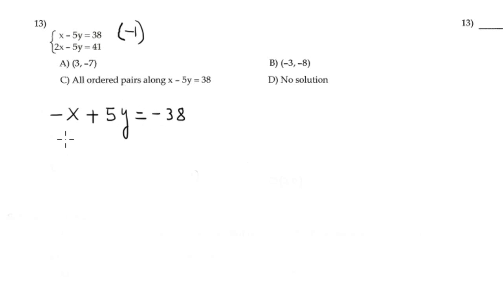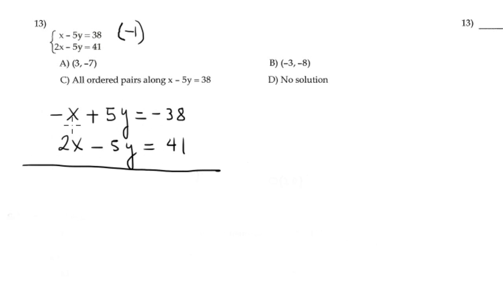I copy the second exactly the same, 2x minus 5y equals 41. And you add it by column. 2x minus x is only 1x. The y is cancelled. And this is 41 minus 38 is 3, positive 3.